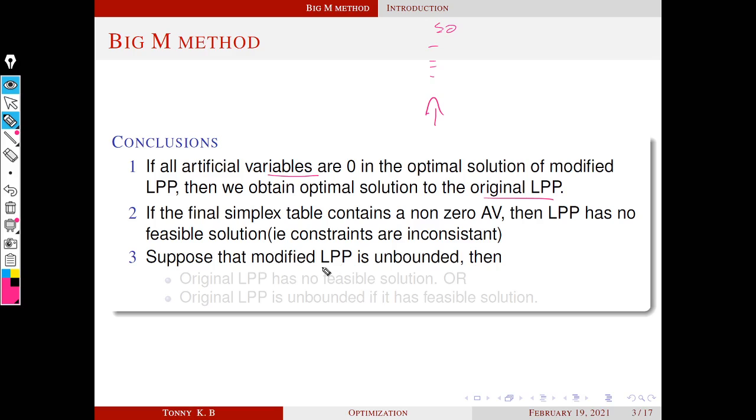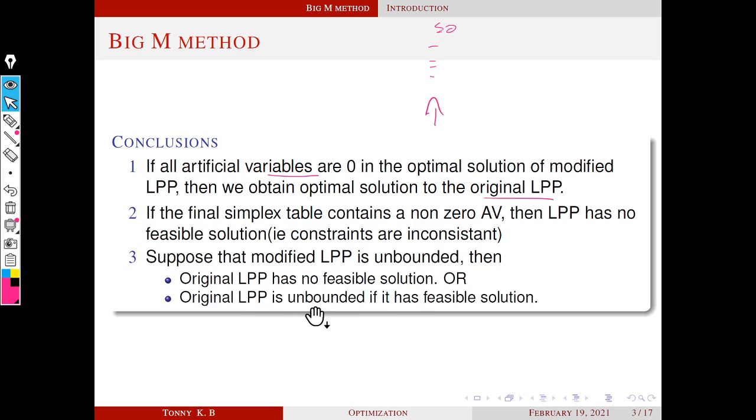Suppose the modified LPP is unbounded, then we have two conclusions about the original LPP. The original LPP has no feasible solution, or the original LPP is unbounded if it has a feasible solution. Feasible solution means suppose in this table all the artificial variables are at 0 level, then it has a feasible solution.